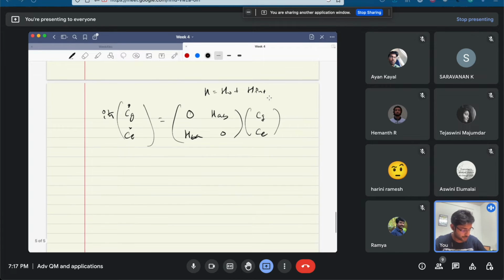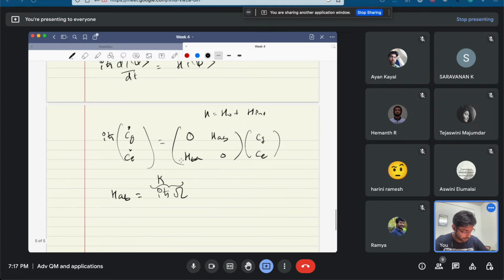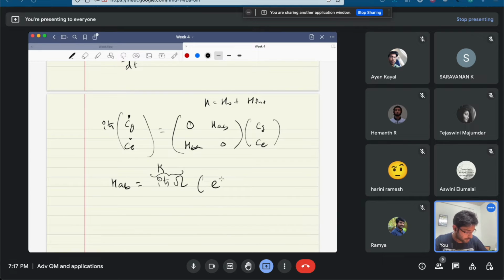So what we are essentially going to get is, HAB that we have derived is in the form of i h bar, with coefficients, so this was written as K, and we had e to the power i omega naught t plus e to the power minus i omega naught t.